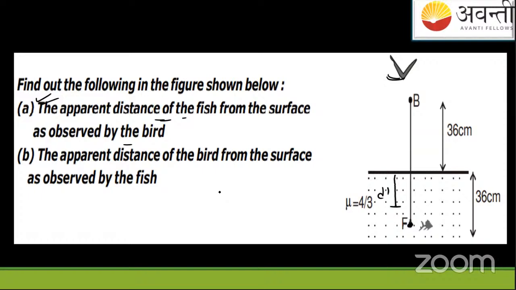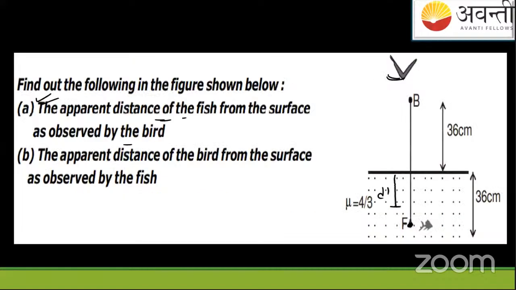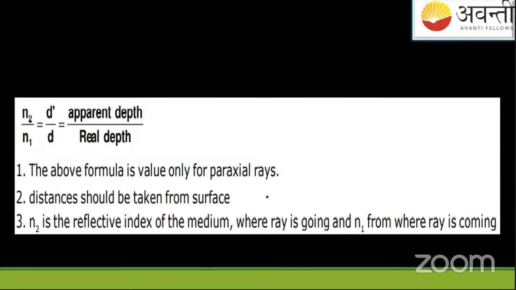If we connect the formulas, it will be like this. So 4 by 3. Let me write this. The formula is this: n2 d dash and n1 d. It is simple, just connect both the formulas. In this formula, n2 is the refractive index of the medium where the ray is going.